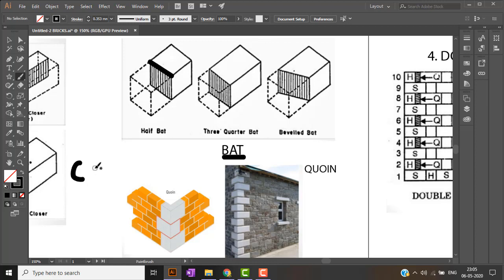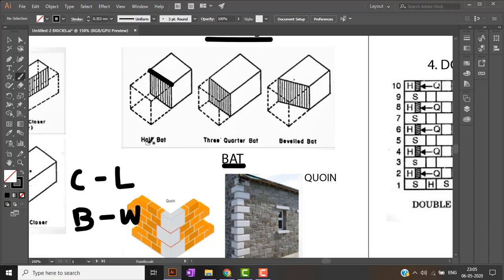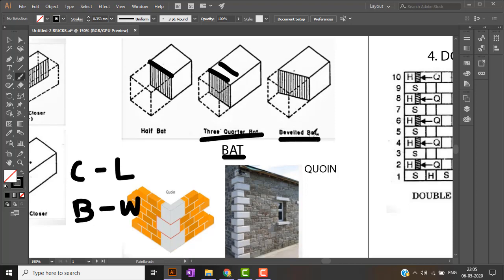So closure is cut according to its length and bat is cut according to its width. Okay, so this is a half bat. This is 3/4 brick bat. So it's half plus another quarter, so it's 3/4. And this one is a beveled bat. Okay, so these are the 3 bats which are available in brick.